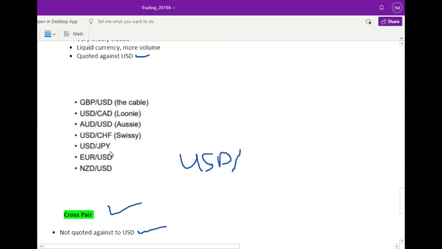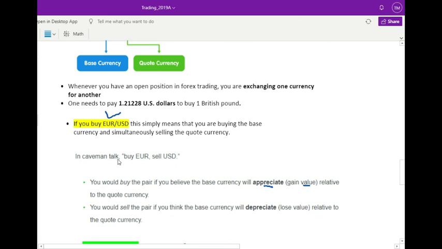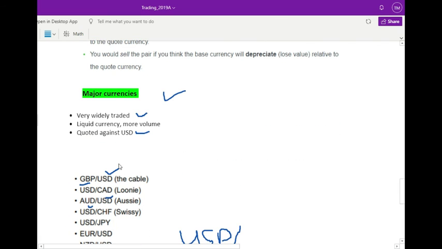No. Here, these are major currencies. Suppose there's a USD here, here, and here: the moment you see USD, it's a major currency. So it's wise to trade what we call major currencies, because they provide liquidity so that you can get out, right? So let's get to our next slide.